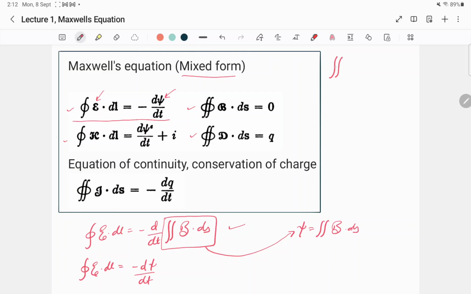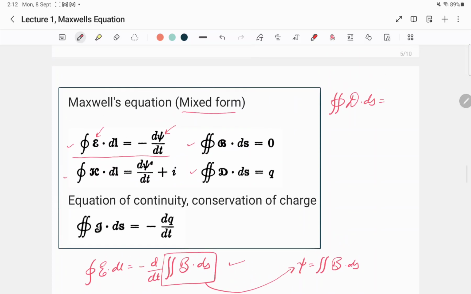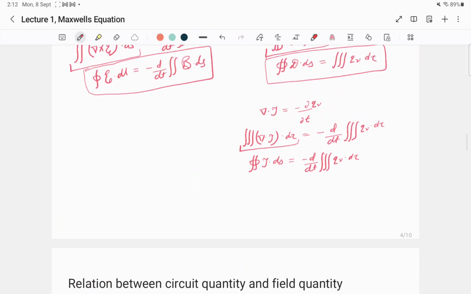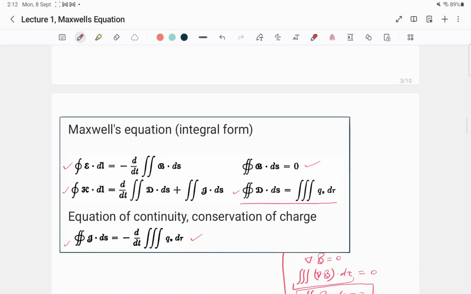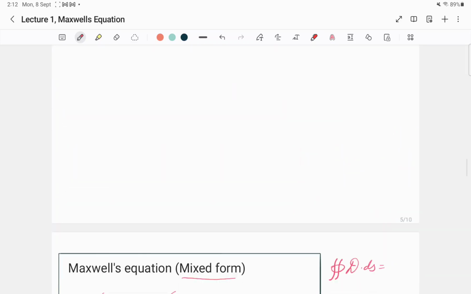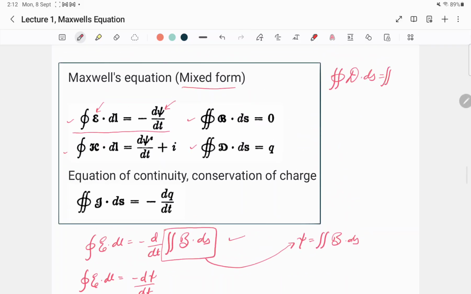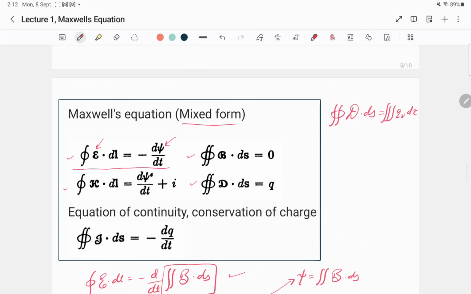In integral form, we know that the closed surface integration of D dot dS is equal to the triple volume integration of qv d tau.